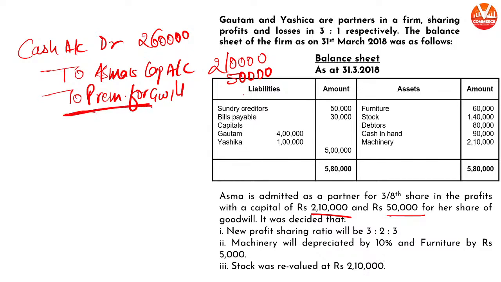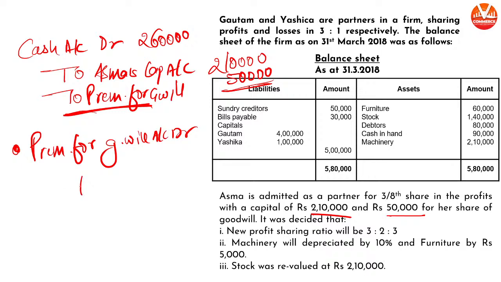Now this premium for goodwill will be distributed between the sacrificing partners. So the next journal entry will be premium for goodwill account debit to Gautam's capital account.